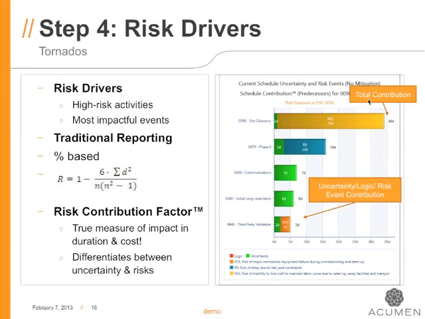So don't talk to me in terms of correlation and the schedule sensitivity. Give me a list of activities or areas in the schedule and tell me how much they contribute to our risk exposure. And that's exactly what the risk contribution factor tornado chart does. So it is a true measure of the impact on our project, and it's a measure in duration and cost.